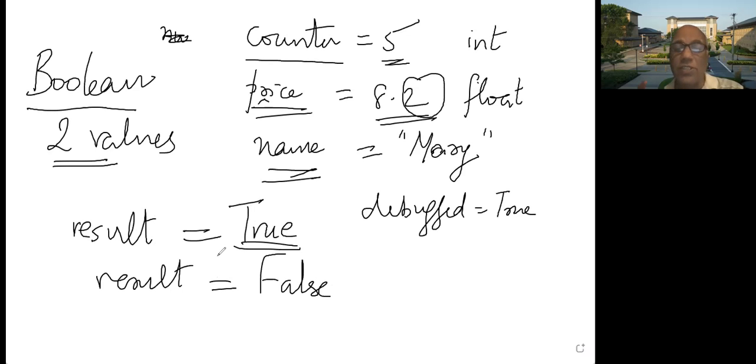Here, for some reason, which I don't understand, Python uses capital T for this value. This is a value, this is a constant, this is a literal, it's a Boolean literal. False also has capital F. Don't put lowercase f, it is not correct in Python. In other languages, you will find lowercase f and lowercase t, but not in Python.